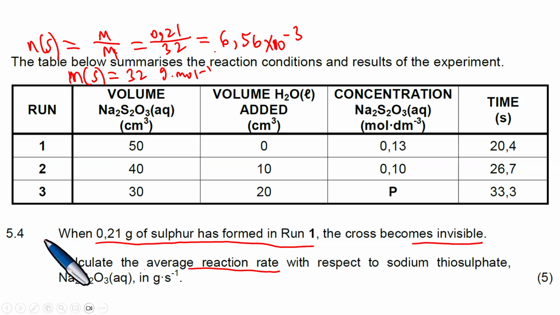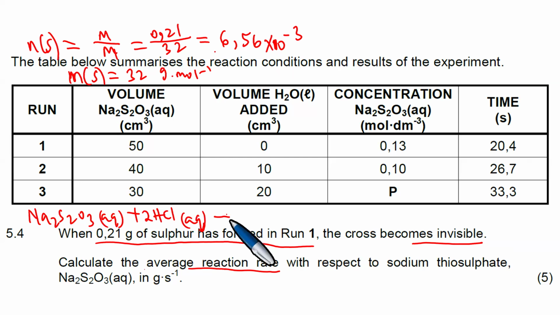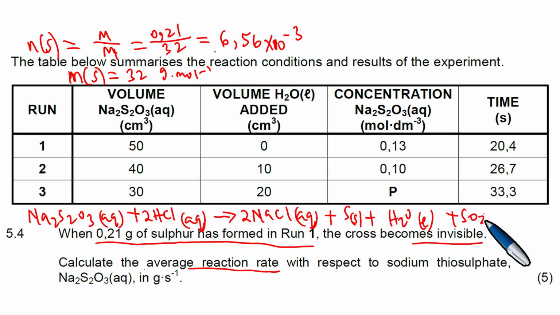We know that Na2S2O3 aqueous plus 2 HCl aqueous gives 2 NaCl aqueous plus H2O liquid plus SO2 gas, plus sulfur.